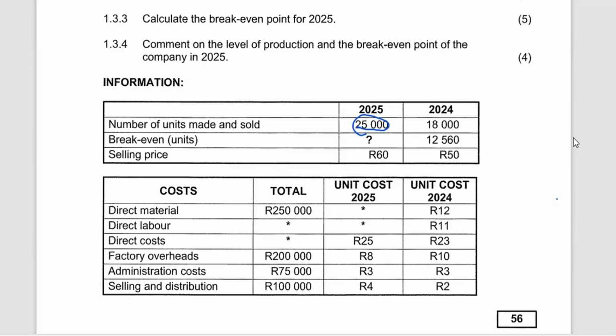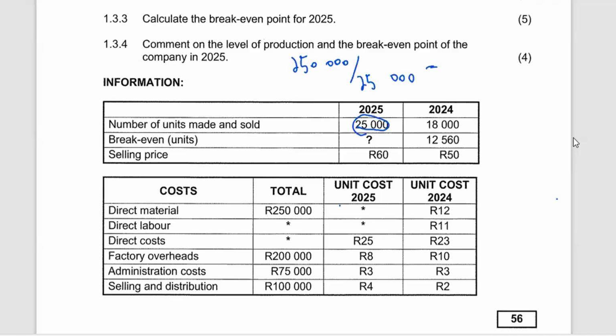To find the unit cost, we're going to say 250,000 divided by 25,000.